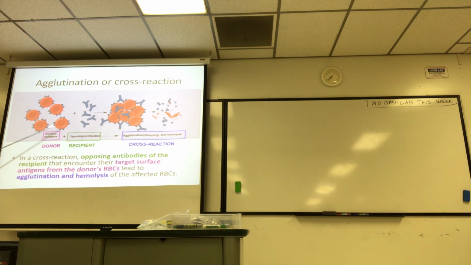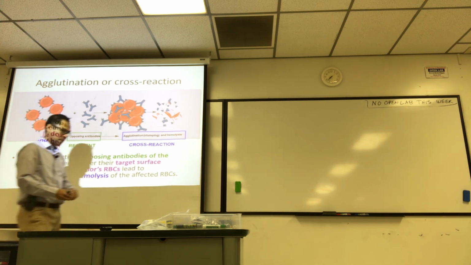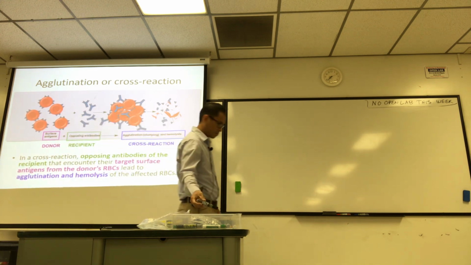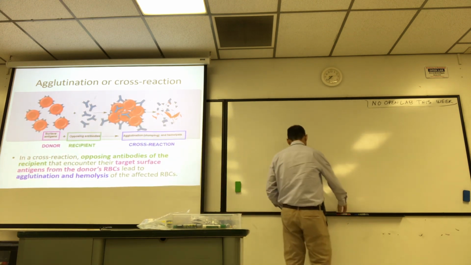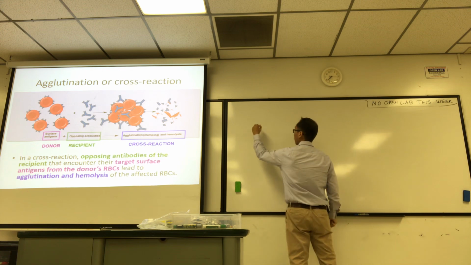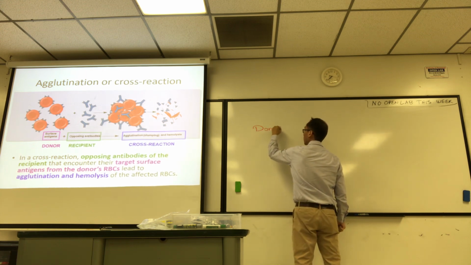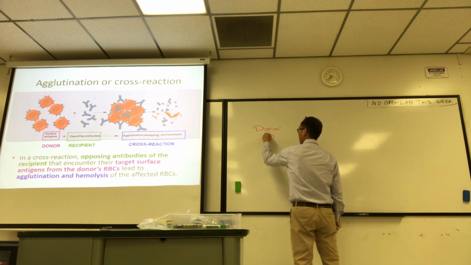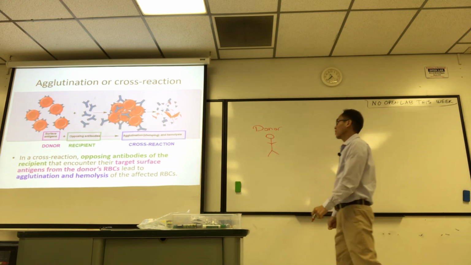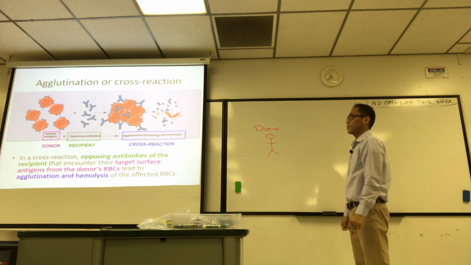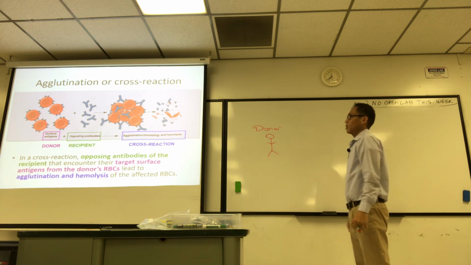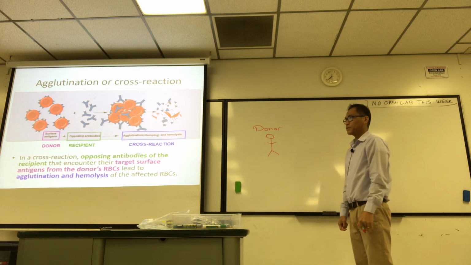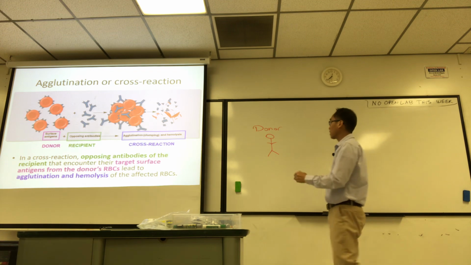Here's donor, recipient. Maybe this will help. So basically, let's say you're the donor, and you donate your blood, it's a good thing, and the blood bank, they try to do a good job in making sure it reaches hospitals and other places correctly.